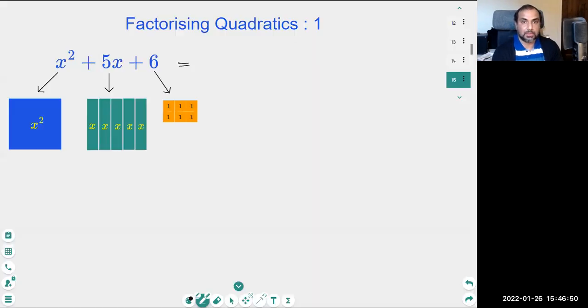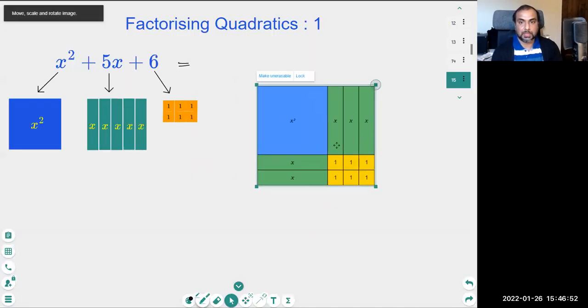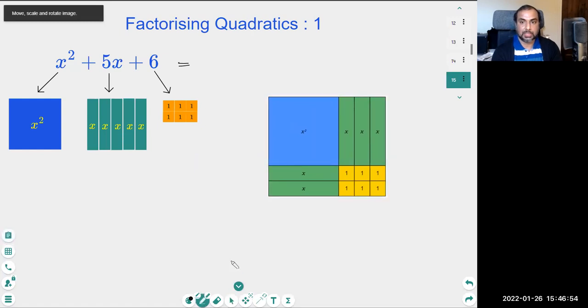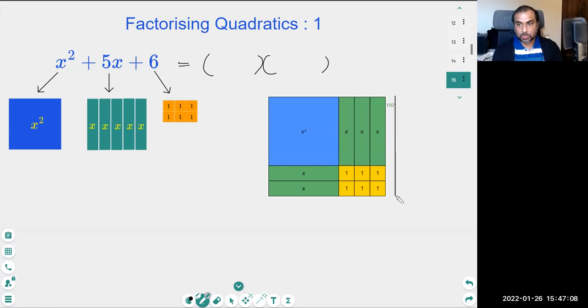So I'll snip that over to paper, which is where I'm doing all the annotating. So I have rectangularized this, which means one of the side lengths is one of the factors and the other one is the other factor. How long is this side length? Well, it's x long already and 2, so x plus 2. And this one here is x long this way and 3 along that way.